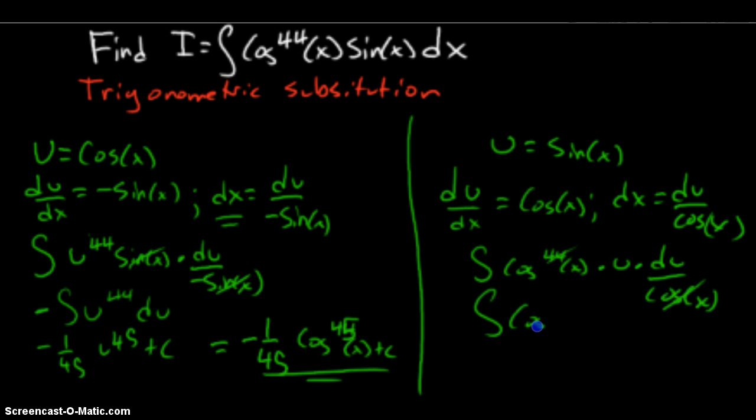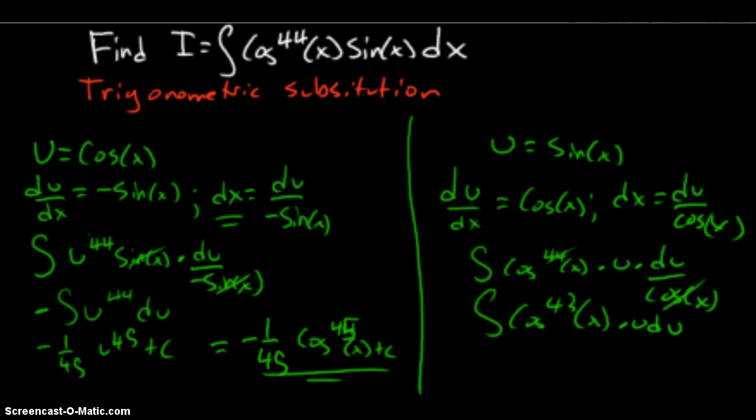One cosine cancels out, but we're still left with cosine to the 43 times du. So this expression wasn't really simplified that much, and it's not as convenient as using the substitution u is equal to cosine x.